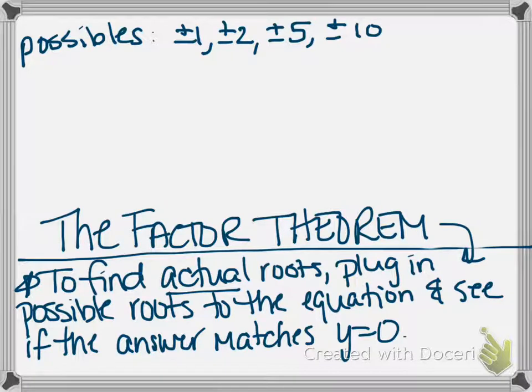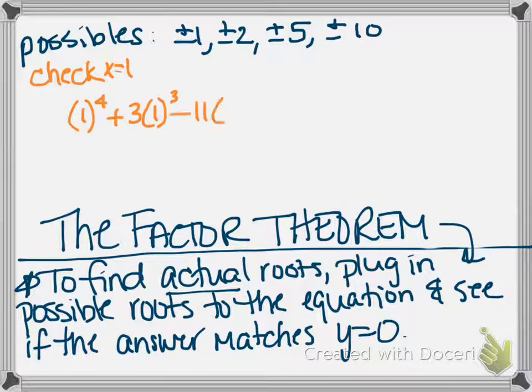So if we take, let's just take 1. Okay, so I'll take positive 1. So check 1. So what I'm going to do is plug it into the equation. So the equation was x to the 4th, so I'm going to check x equals 1. So I'll have 1 to the 4th plus 3 times 1 to the 3rd minus 11 times 1 squared minus 3 times 1 plus 10.